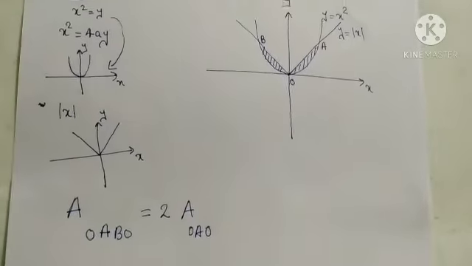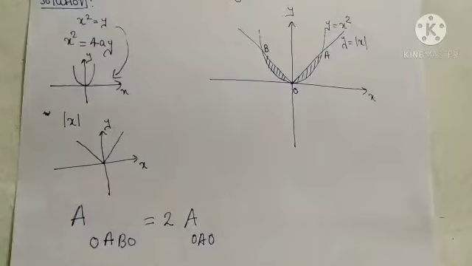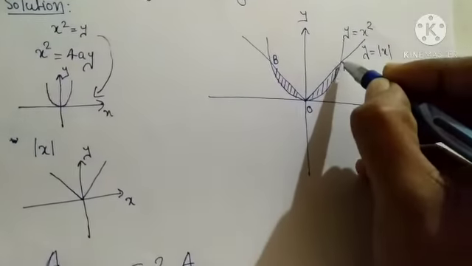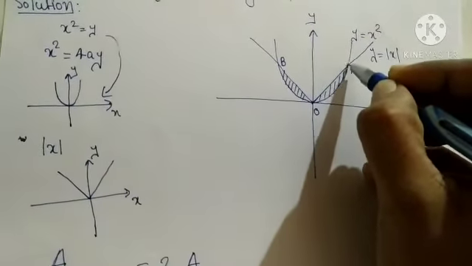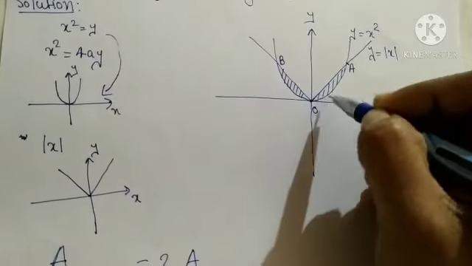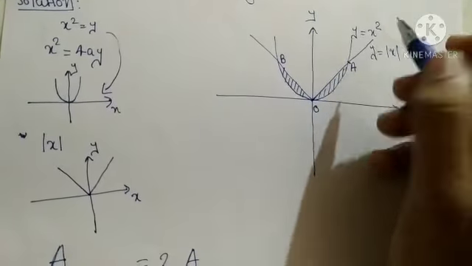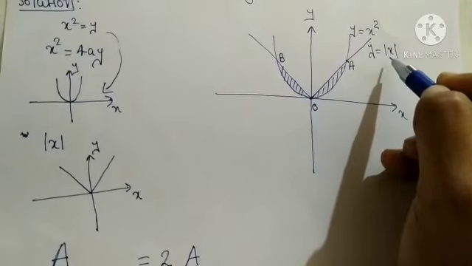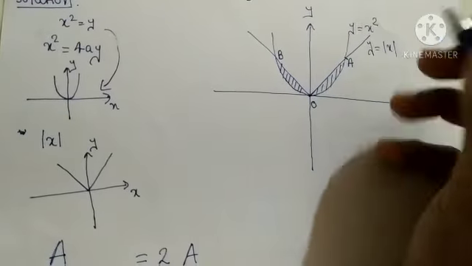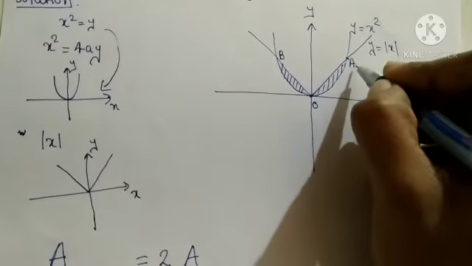Next I am going to find out the point of intersection, that is this point. The point A is the intersection point of both the parabola and the modulus function graph, right? So we need to find out the coordinates of this point.